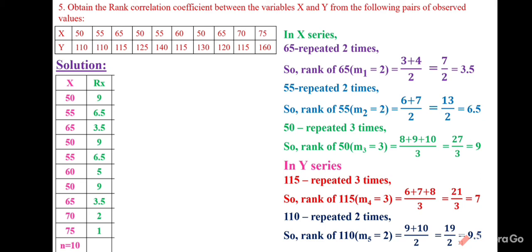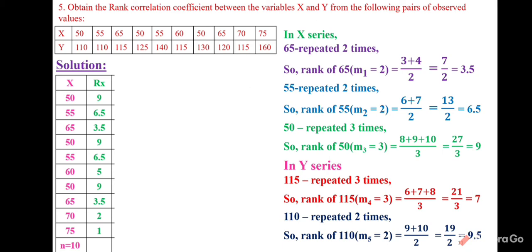Then next is 50. How many times is 50 repeated? 1, 2, 3, 3 times. That's why the ranks are 8 plus 9 plus 10, divided by 3. So we get 9. Rank 9 will be given. 10 is not given, and 8 also is not given, because of the repeated value.